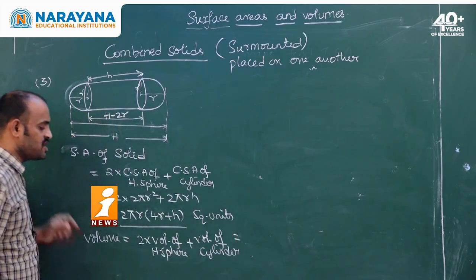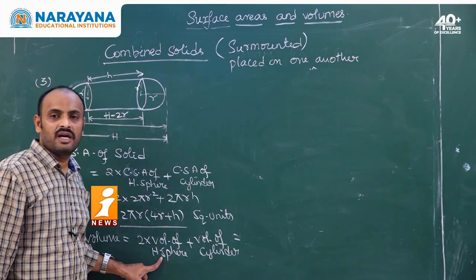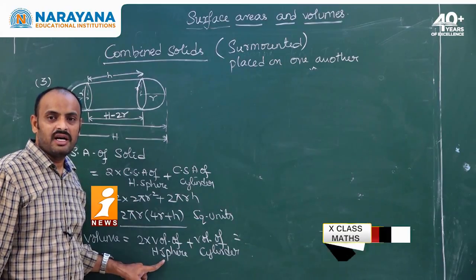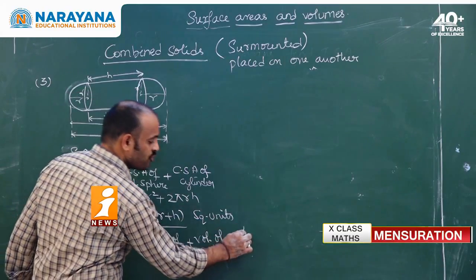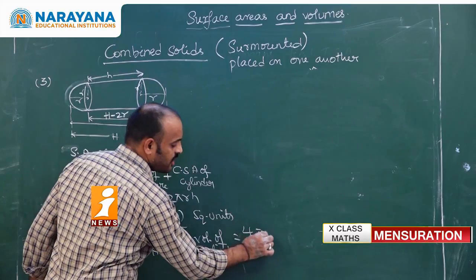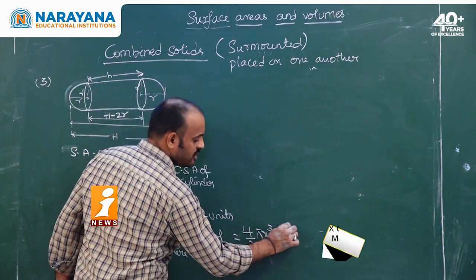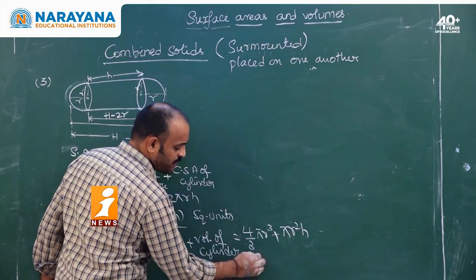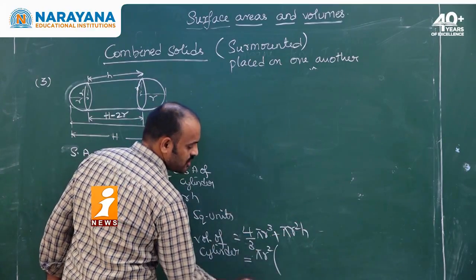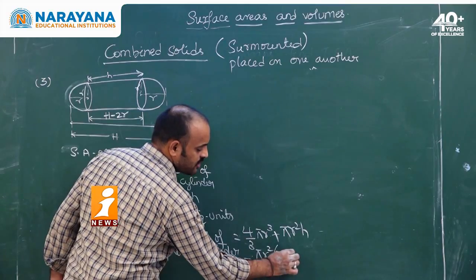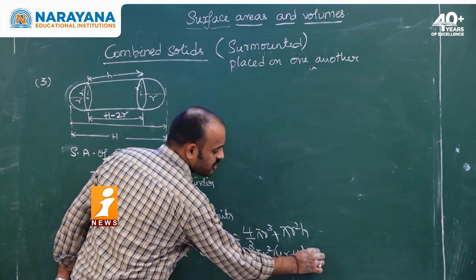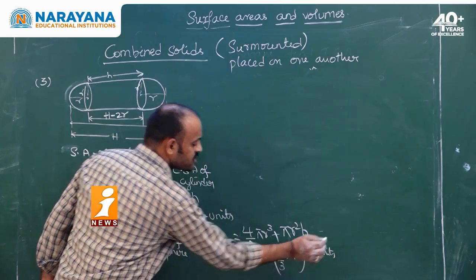What is the volume of the hemisphere? 2 by 3 pi r cube. 2 by 3 pi r cube into 2, so 4 by 3 pi r cube. What is the volume of cylinder? Pi r square h. Taking pi r square common, pi r square into 4 by 3 r plus h cubic units.